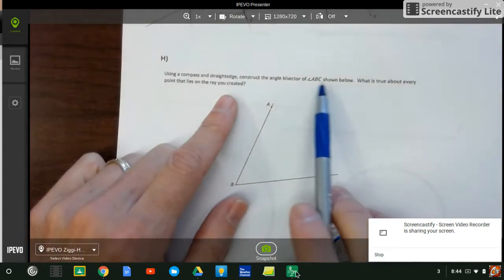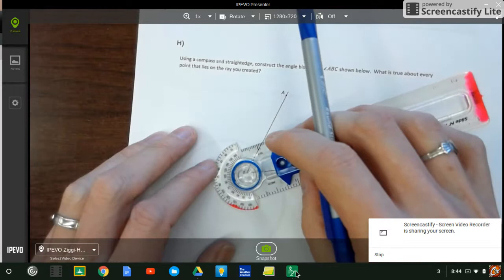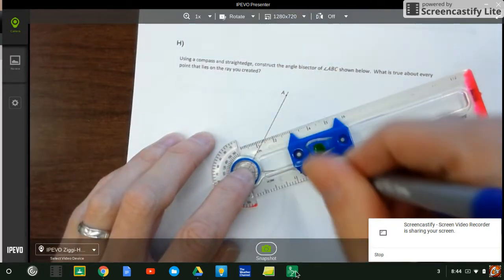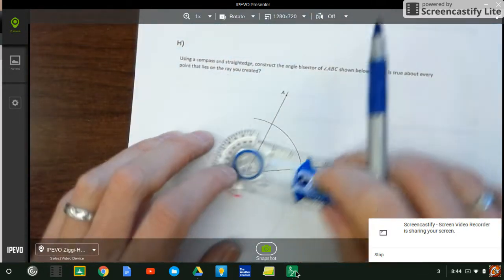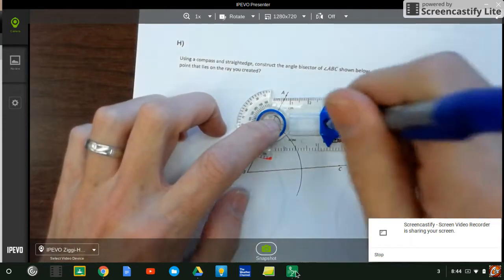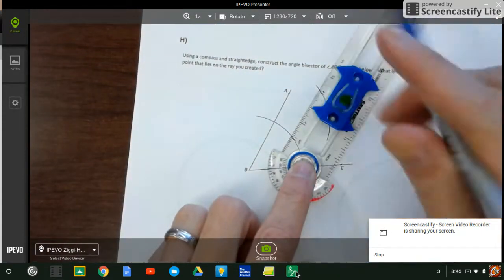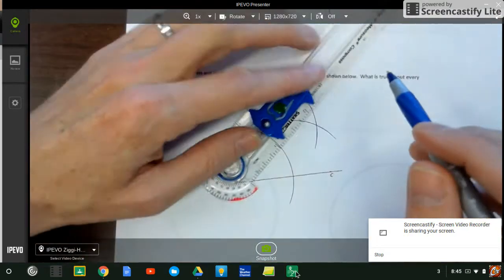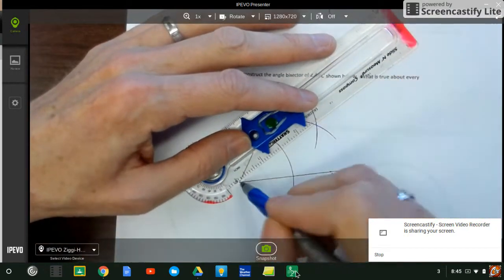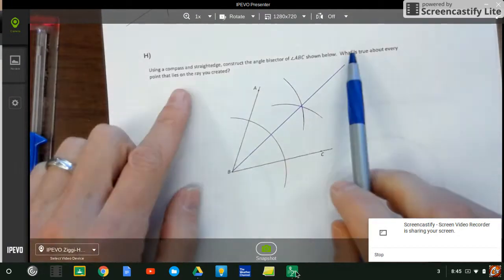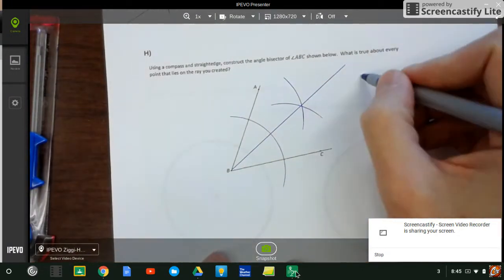Compass and straight edge, I need to construct an angle bisector. Well, we did that on the first page, so that's well practiced. And there's my angle bisector. Now, what's true about every point on an angle bisector?